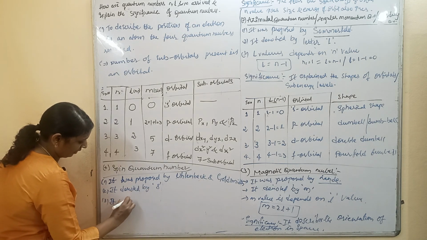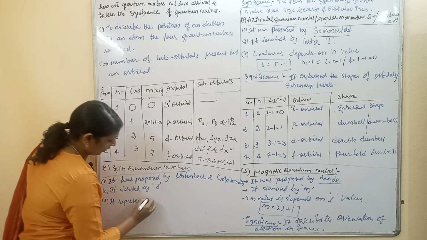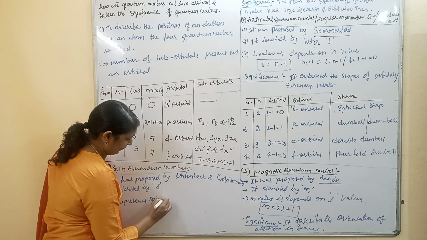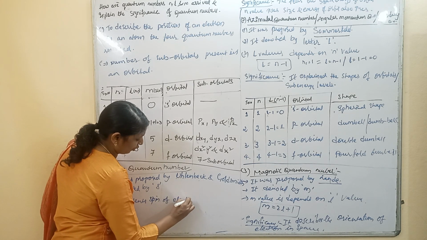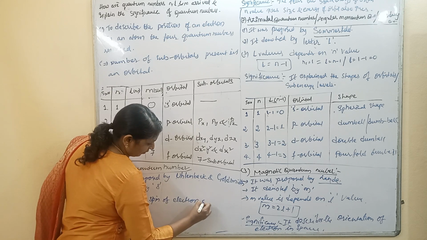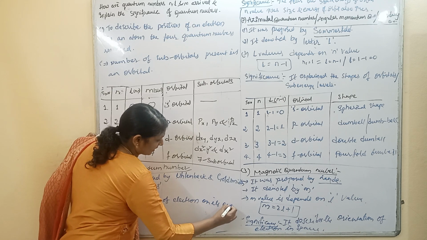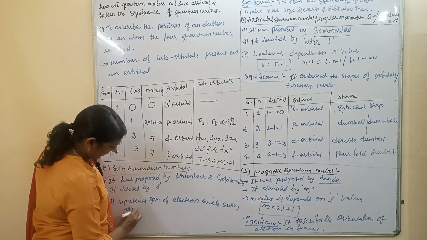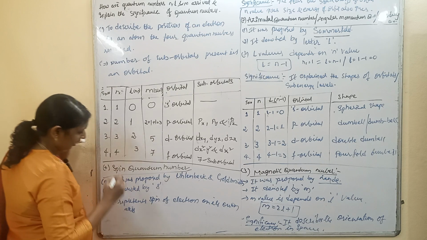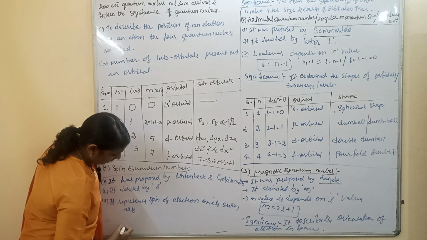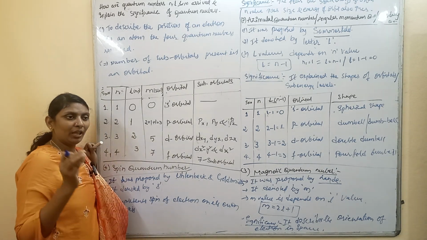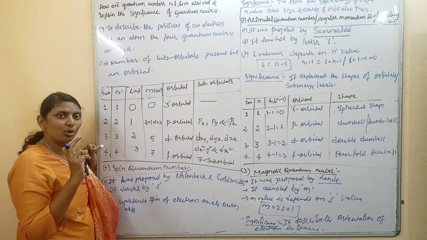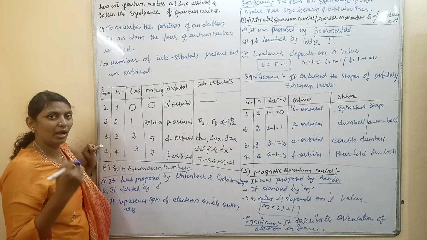It represents the rotation or spin of electron on its own axis. So what spin is exhibited by the electron? Generally, in an orbital, we can adjust two electrons, right? So one electron rotation is clockwise direction, another anti-clockwise.